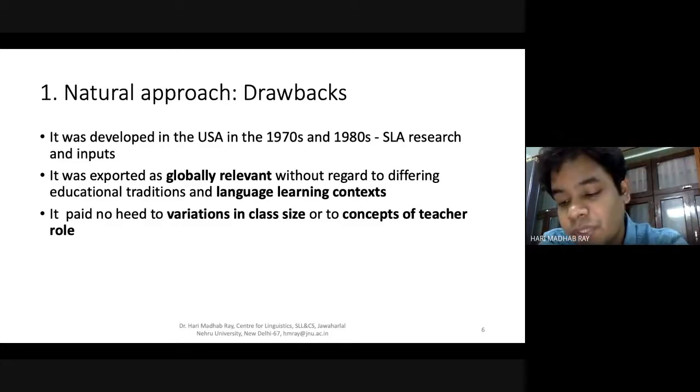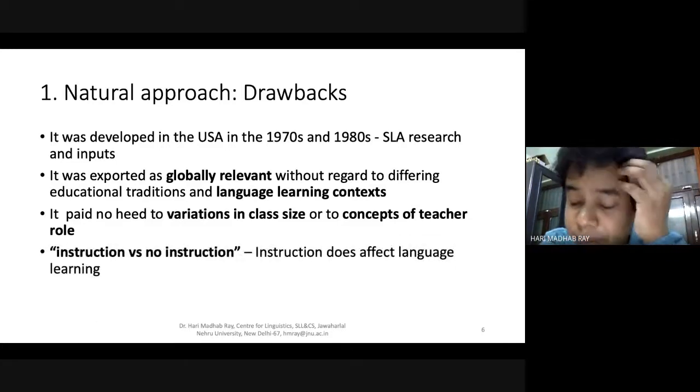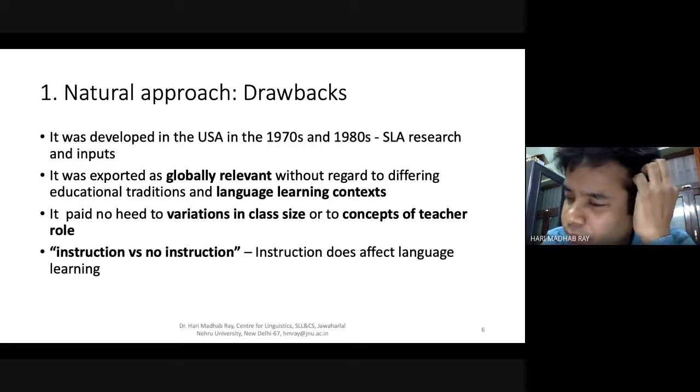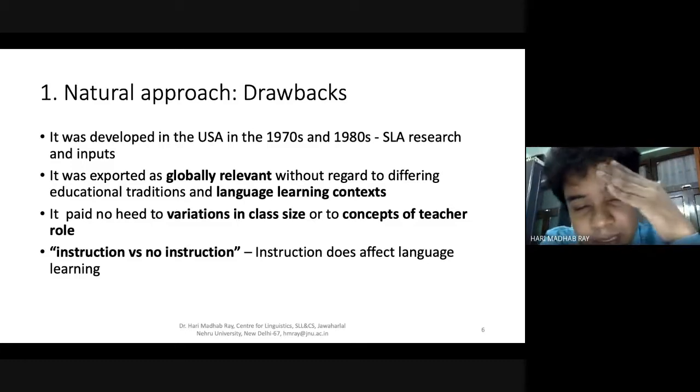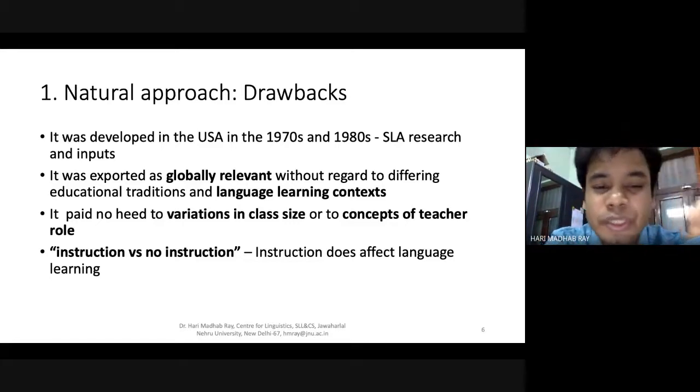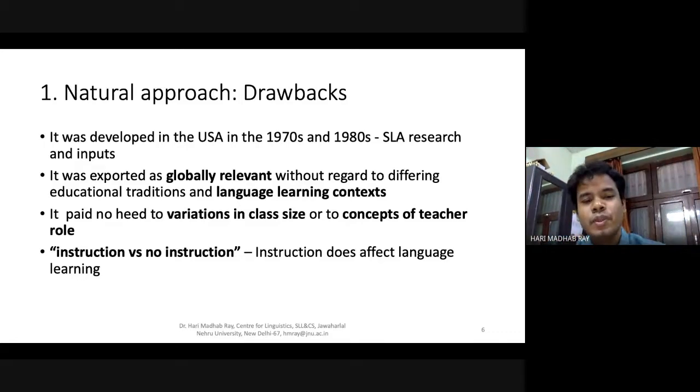Even the concepts of teacher role, and later on lots of research was conducted, and this is one of the principles we had seen, instruction versus no instruction. Let's say one group was given instruction, and another group was not given instruction. Which group learned the language better?